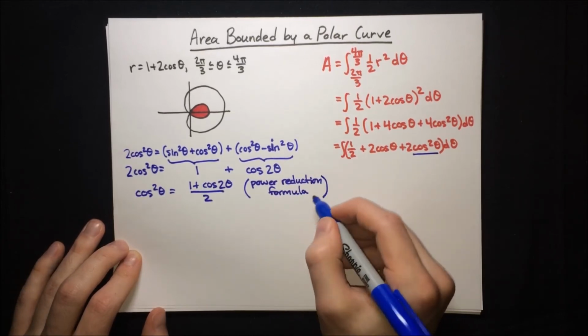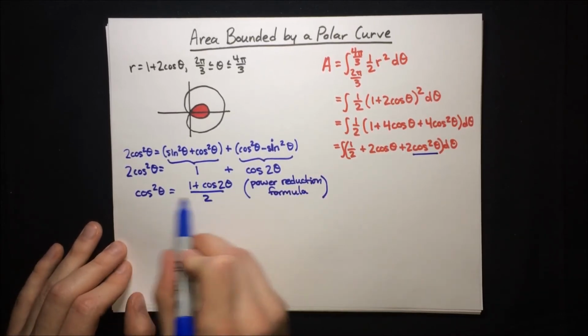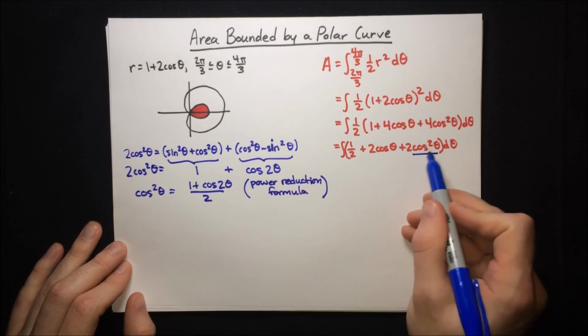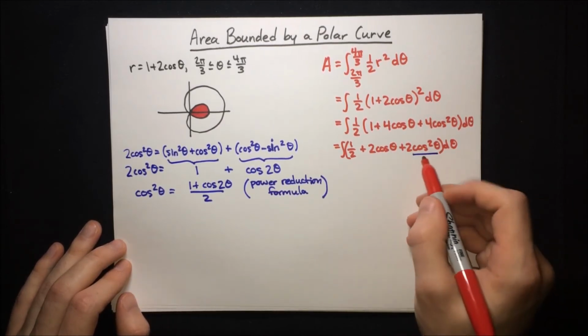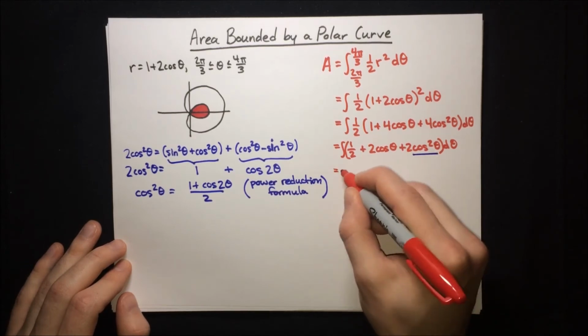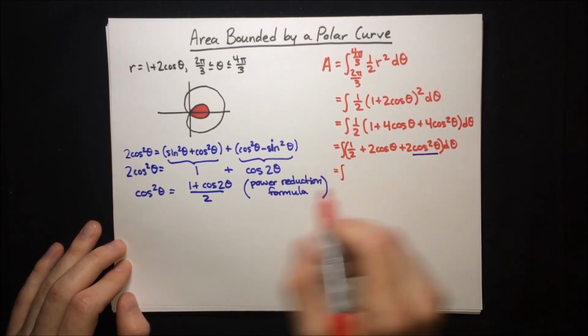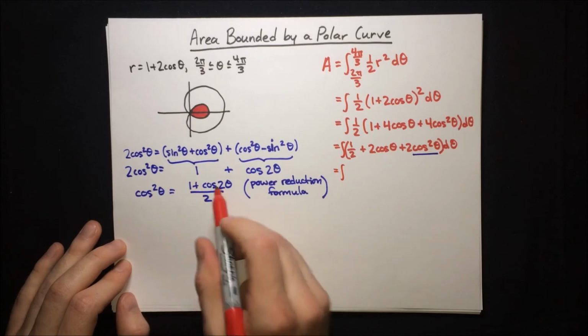Okay, so we're going to use this formula to reduce that power of the cosine squared and make the integral something we can actually compute here. So let's write this integral again, but this time plug in our cos squared theta equals this.